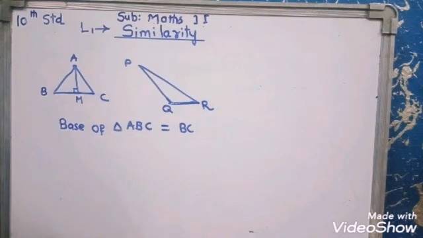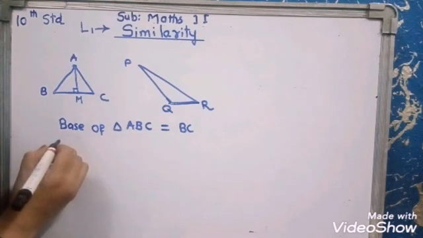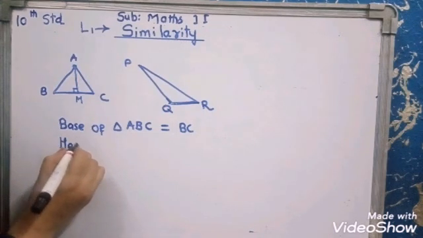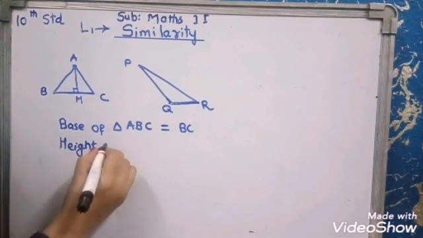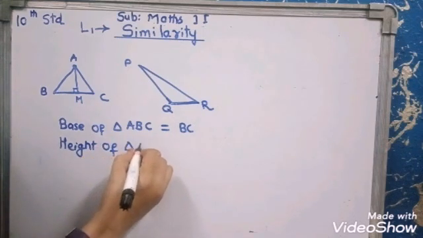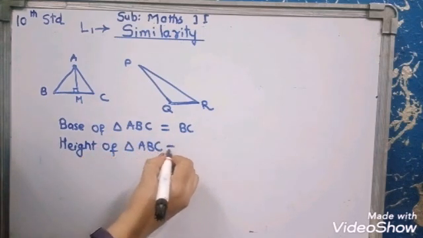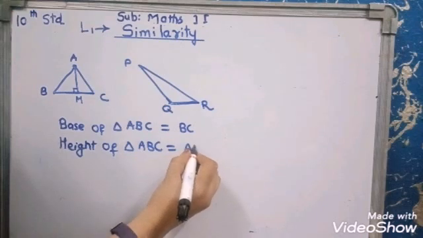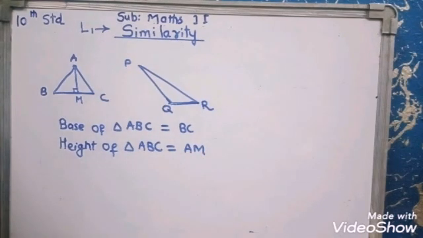Altitude means the height of the triangle. Height of triangle ABC is equal to AM.